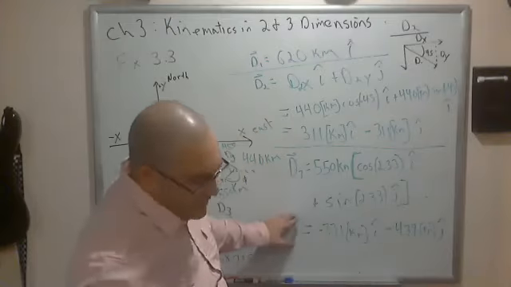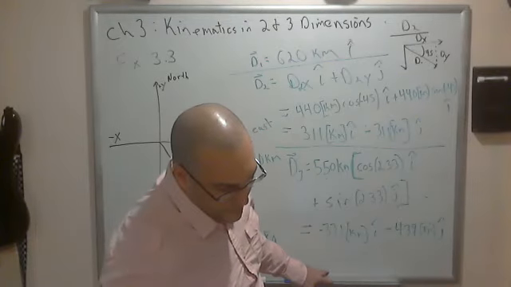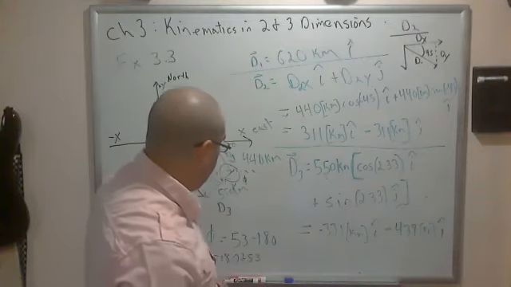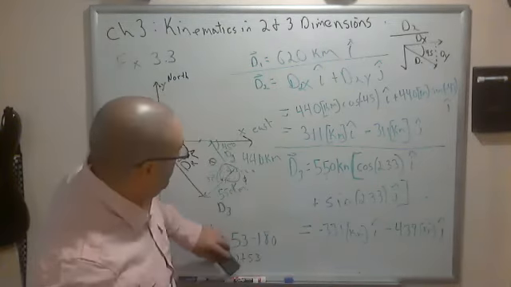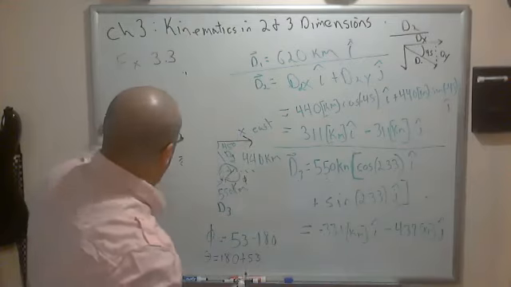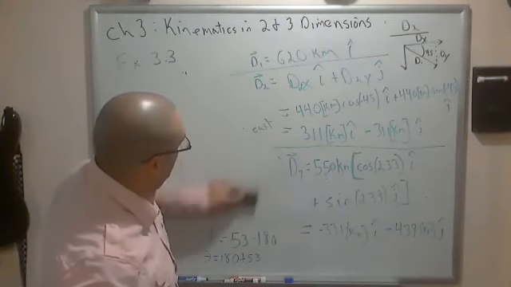We got each component, and then now we add up the components together to get the full vector. So I'm just going to erase this since we did all this already.